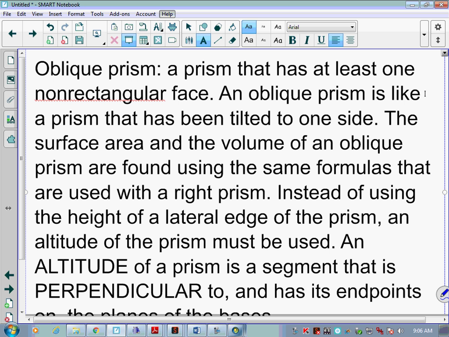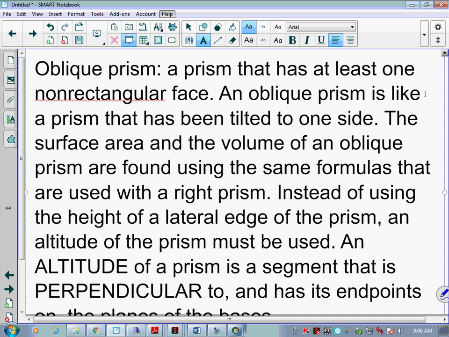A good example of an oblique prism would be like the Leaning Tower of Pisa. It's a cylinder, but it's leaning. It's tilted, it's kind of even twisted. An oblique prism has at least one non-rectangular face, so really a cylinder doesn't work very well for that, but you're taking it and you're shifting it. An oblique prism is like a prism that has been tilted to one side.